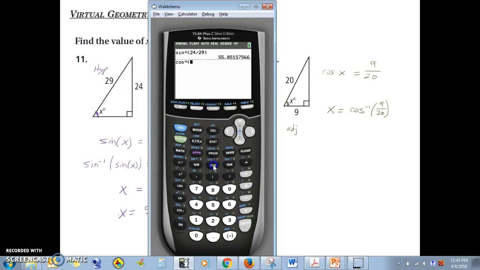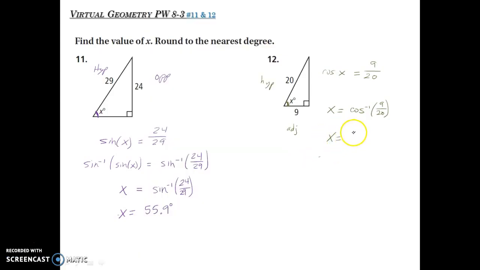So inverse cosine of 9 over 20 will give me that angle, 63.3. Oh, and this says round to the nearest degree, so this would be 56 degrees, and this would be 63 degrees.